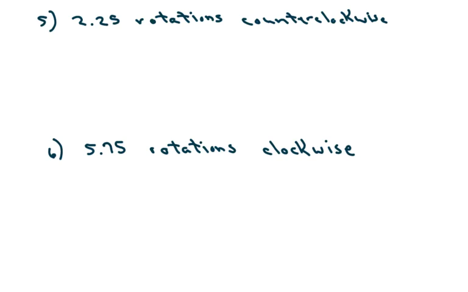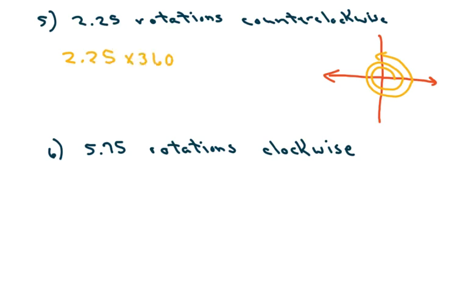You don't really have to draw it. It's at 2 1/4. Counterclockwise would be 1, 2, and 1/4 would be right up there. And all you have to do is go 2.25 times 360 degrees, and that equals 810 degrees.